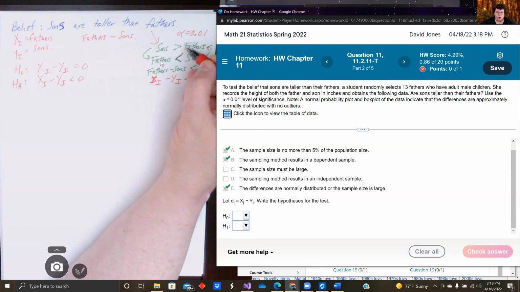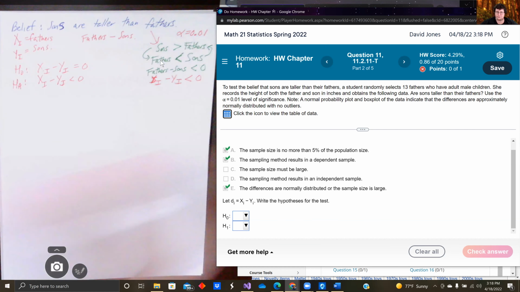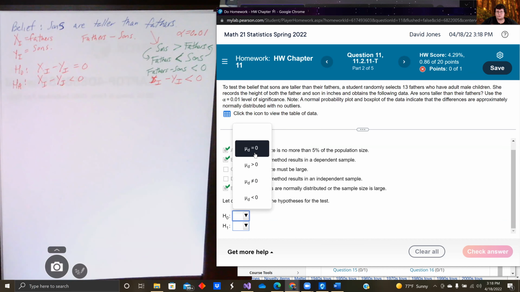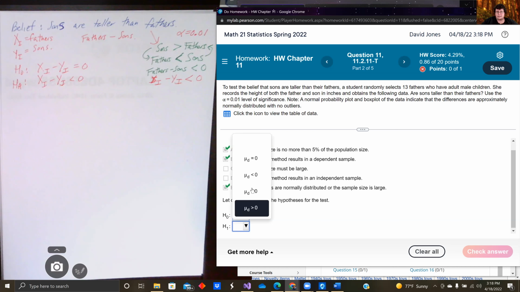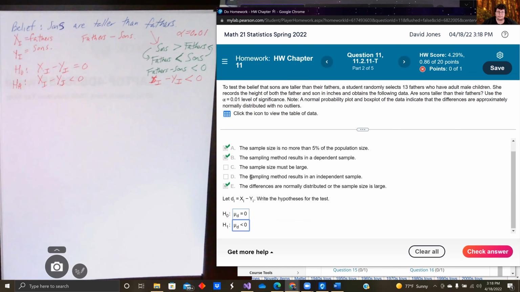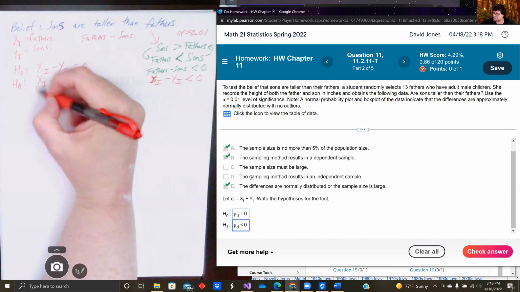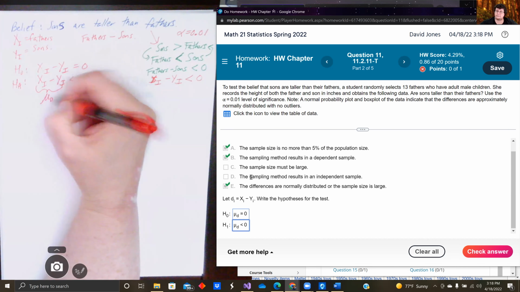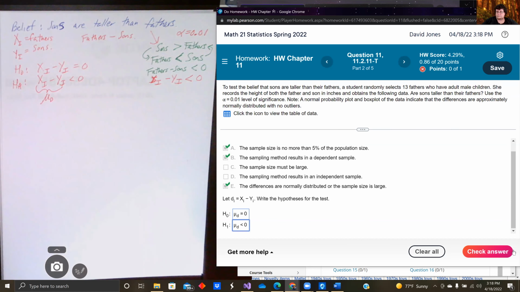You're taller than, you're larger than, your height is more than, or greater than. So I would want to use that one, but they said use fathers first, so we end up with a less than symbol. So that's what I'm going to enter in. Mu D is of course 0, and mu D is less than 0 is what we calculated. Because remember, this part right here is mu D.